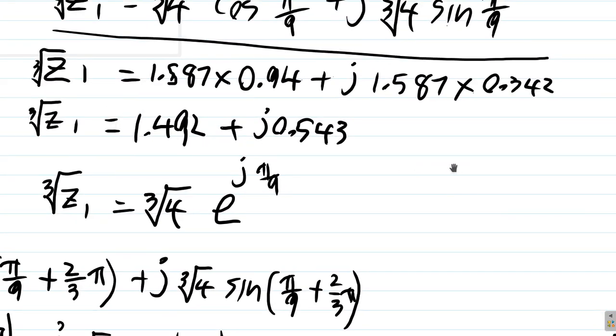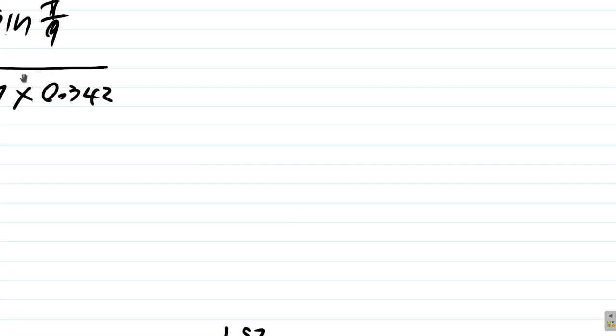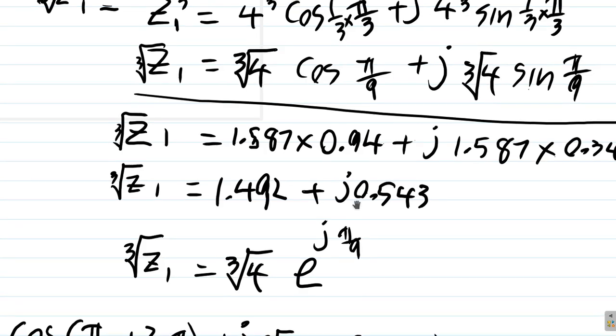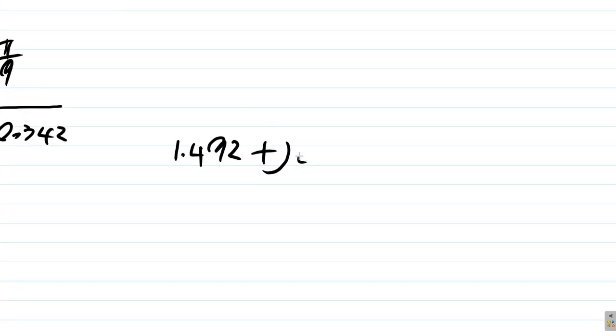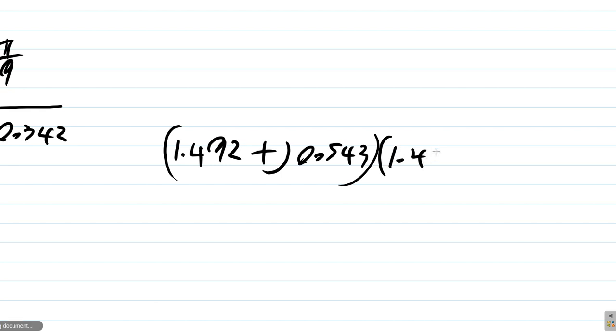Let's cube 1.492 plus j 0.543. So we multiply 1.492 plus j 0.543 by another 1.492 plus j 0.543 and a third one.